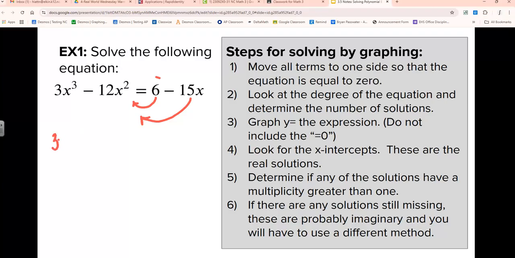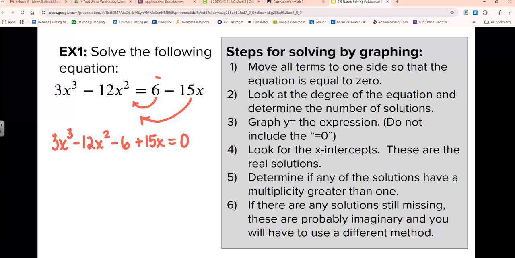But when you move something to the other side, what has to happen to it? It's going to change its sign, right? So that positive 6 is going to become a negative 6, and that negative 15x is going to be a positive 15x. That's going to be equal to 0. So you want to move everything to one side first.